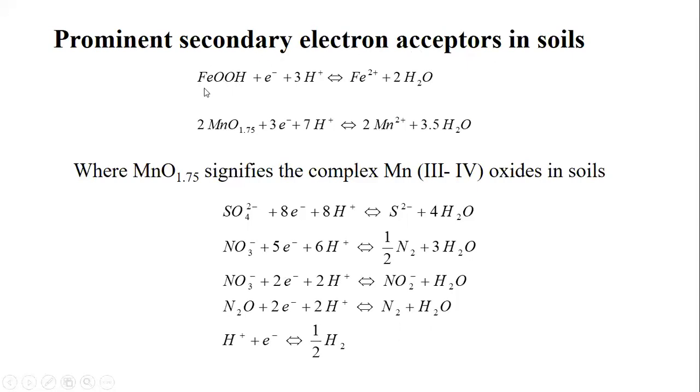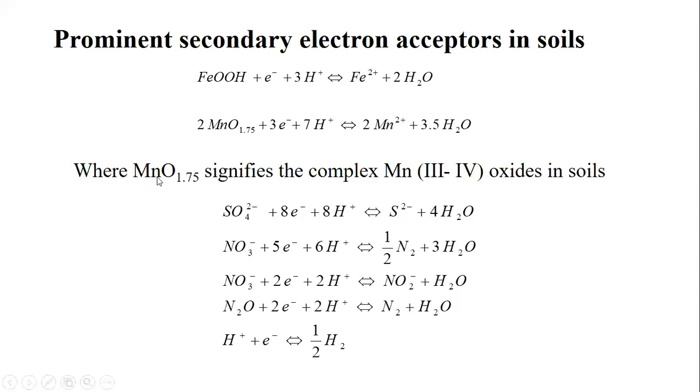We have FeOOH, goethite, if you remember, plus electrons, plus hydrogen, to give you Fe2+. We have MnO1.75. We'll see why we write that. And again, it becomes Mn2+.